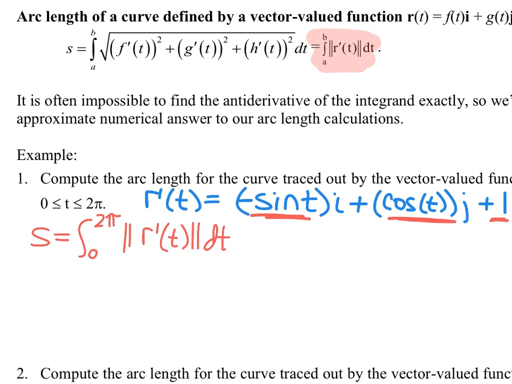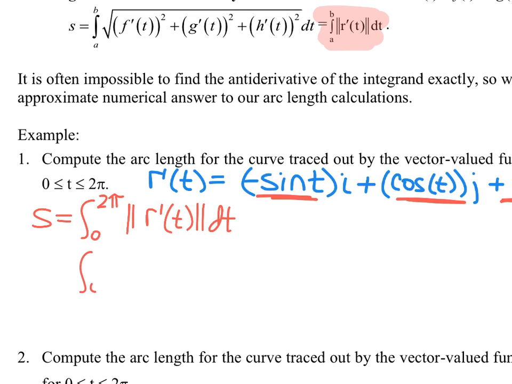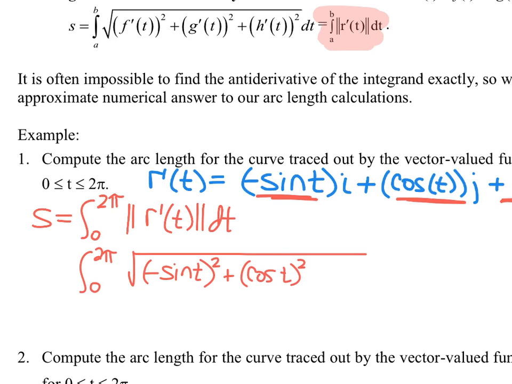So we're looking at, on the interval of 0 to 2 pi, the square root of negative sine t squared plus cosine t squared plus 1 squared dt.